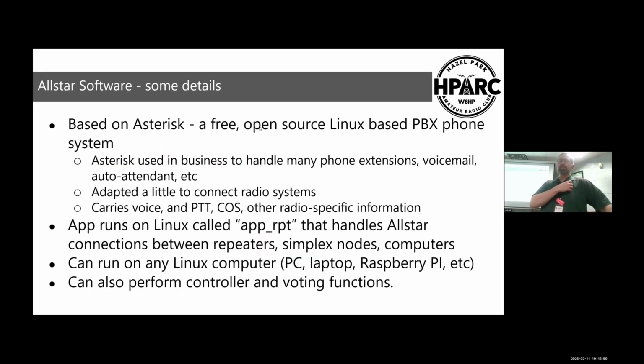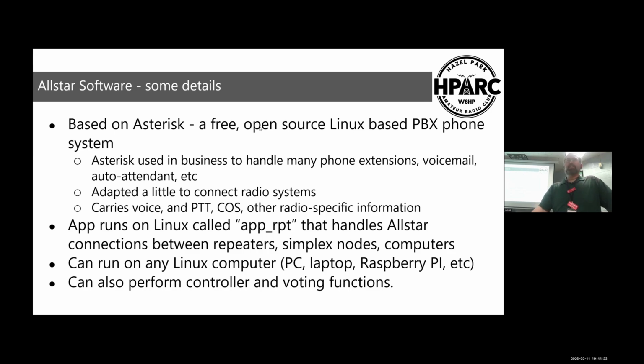So what is Allstar itself? For those of you that have worked with PBXs, or private branch exchanges, it's basically the phone systems that big companies use, where you're asked if you know the extension you want to dial, press 1 for more information, press 2 to be transferred to an operator. That's all handled by the PBX software.